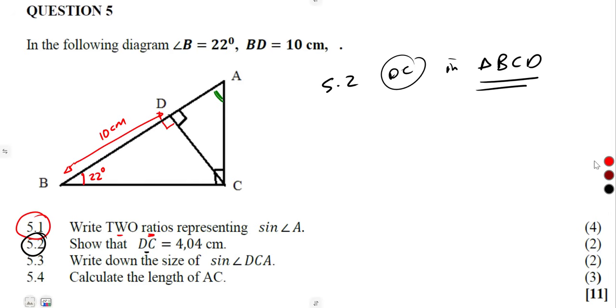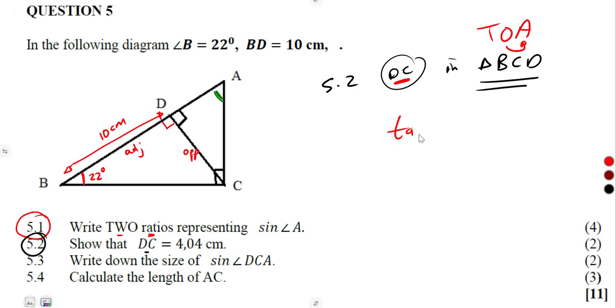In that triangle, according to angle 22 degrees, DC, the one that we want to calculate, is the opposite. It faces the angle of 22 degrees. And what we are given, BD, is the adjacent. Take note, BC is the hypotenuse facing 90 degrees. So which ratio has opposite and adjacent at the same time from our SOHCAHTOA concept? That's the tan.